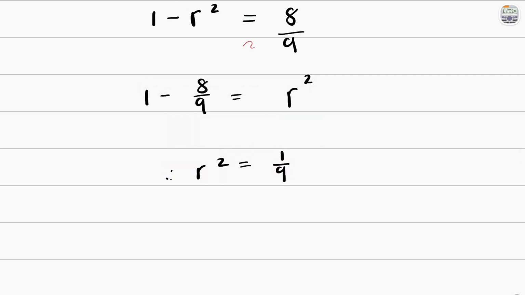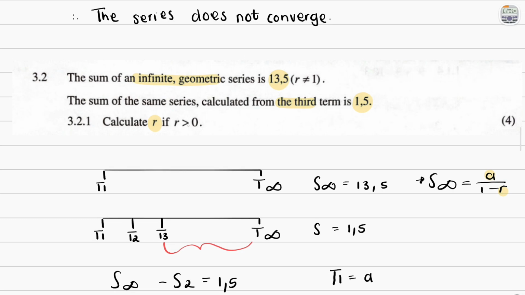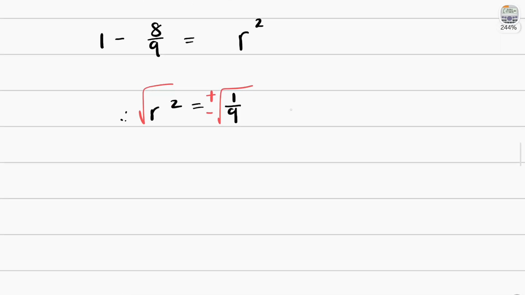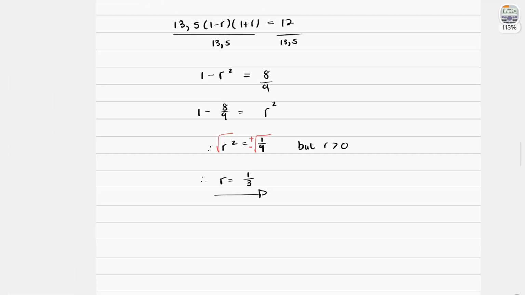So square root both sides of the equation, but of course we have to consider the positive or negative solution. But remember that they said specifically r is greater than 0. Therefore, r is equal to the positive solution, which is 1 over 3. And that is our answer.